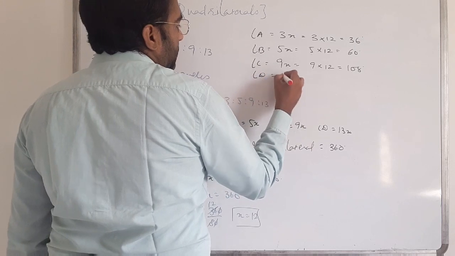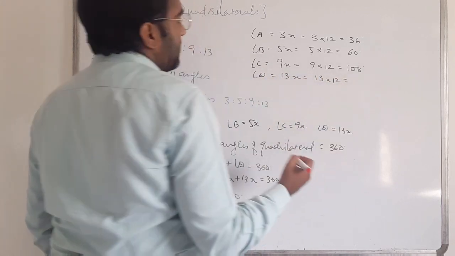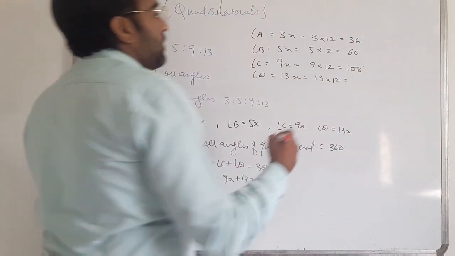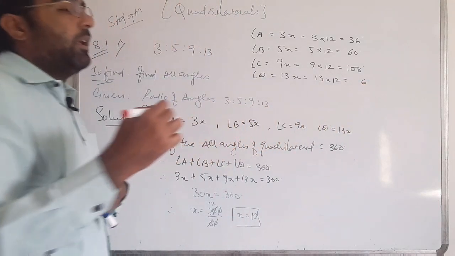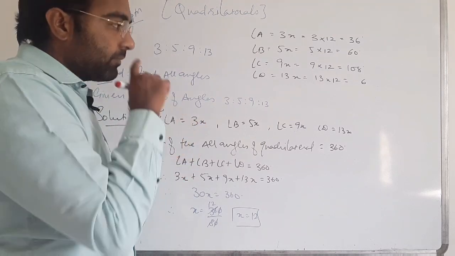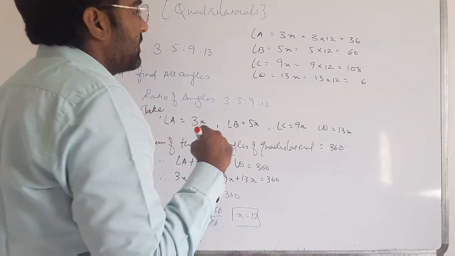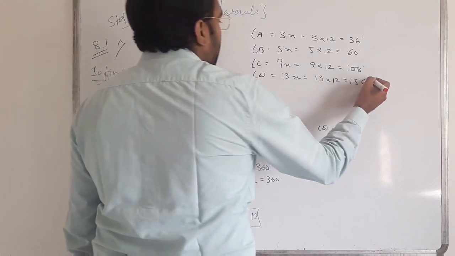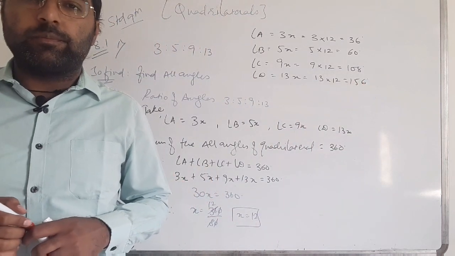And angle D is equal to 13x. So 13 into 12, that is 13 into 10 is 130, and 13 times 2 is 26. 130 plus 26, that is 156. Okay. Clear that?